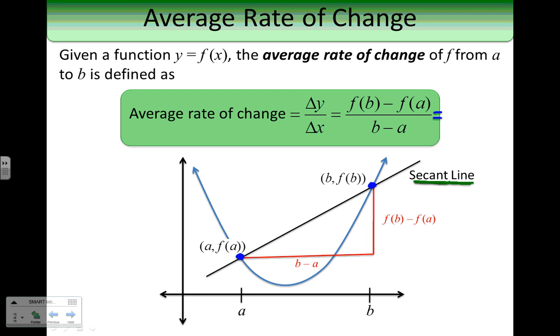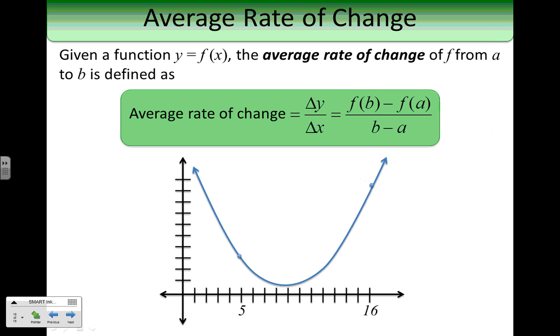So basically this is y2 minus y1 over x2 minus x1. That's all we're doing. Drawing a line between the 2 points, finding the slope of that line, which you all know how to do.